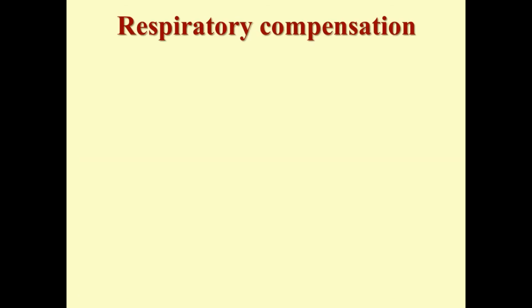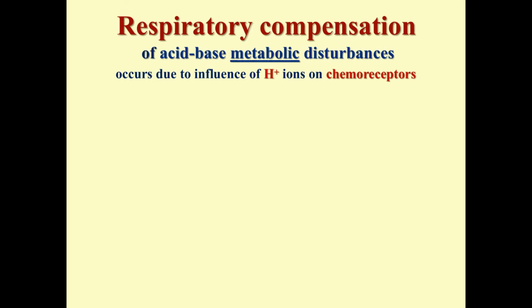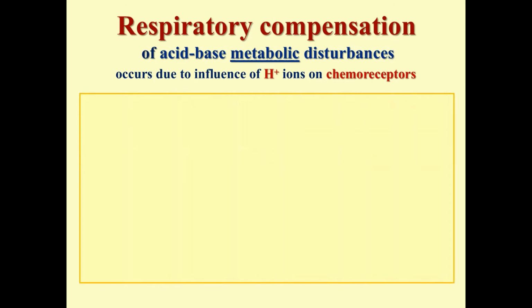But then compensation of acid-base metabolic disturbances can be done by respiration. You see, when change of pH value or H+ ions concentration is not due to respiration but due to some metabolic disturbances, H+ ions influence the chemoreceptors, which in turn change the ventilation, and therefore respiration may produce a decrease or increase of H+ ions back to norm, or at least closer to norm.